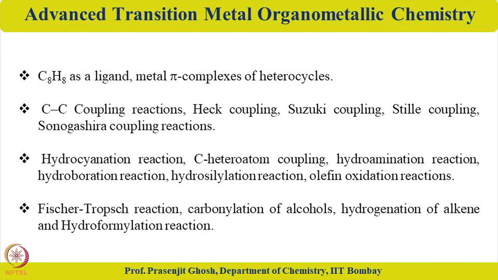Now, as I have been mentioning all throughout this introduction, organometallic chemistry is indeed a very formidable science and is known to have made significant impact on society, on chemistry at large, and on the chemical industry in particular.